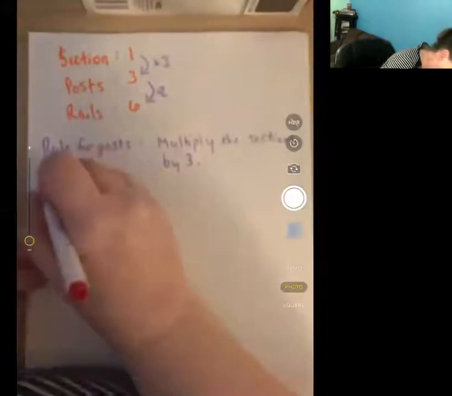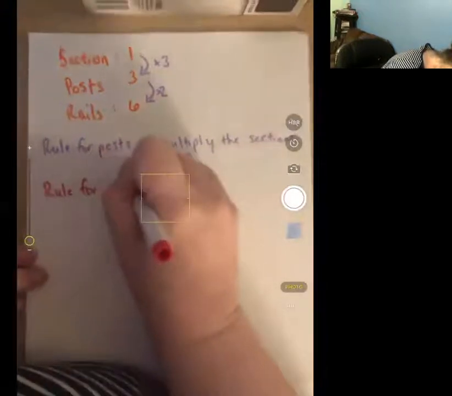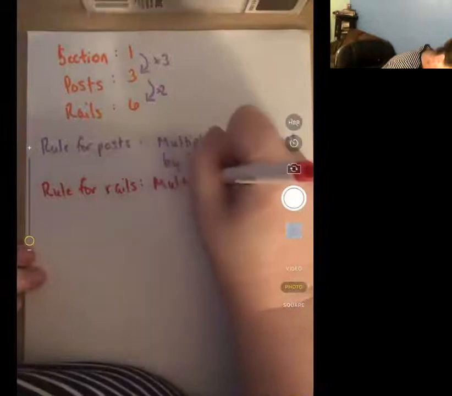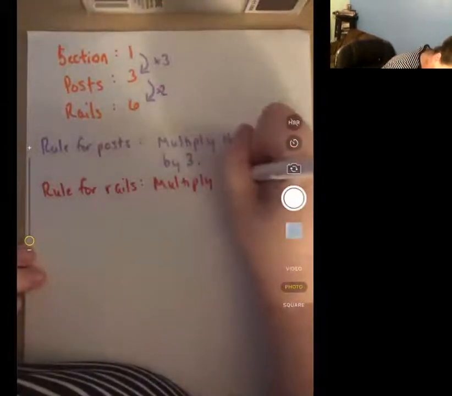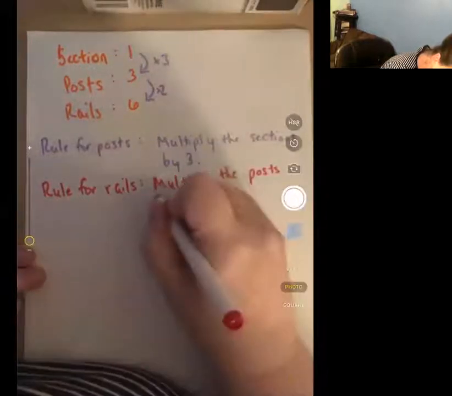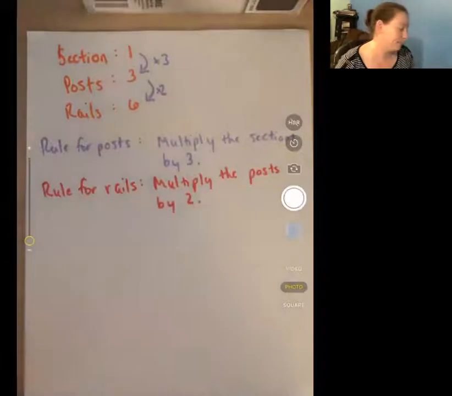Rule for rails: multiply the posts by 2. Okay?